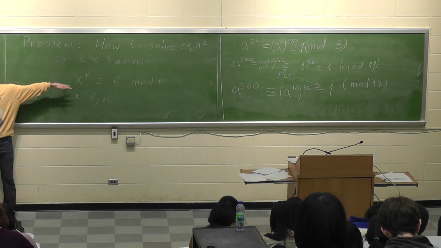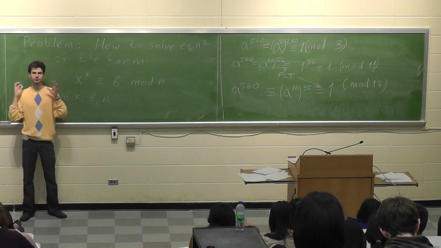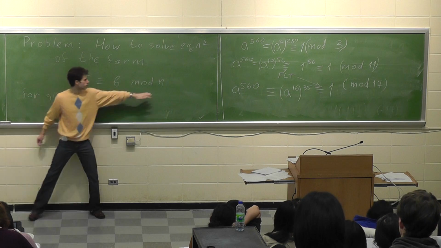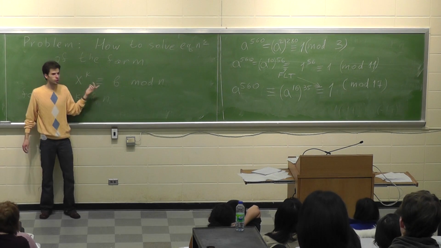So you're given such an equation, where k, b, and n are some given numbers, and you want to find all possible x's modulo n which solve this equation.